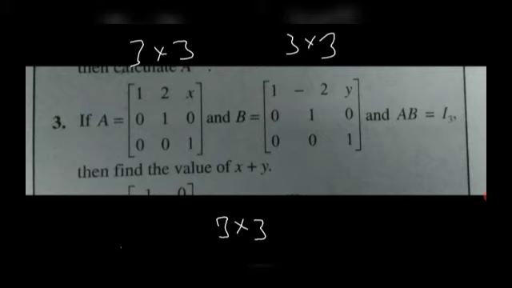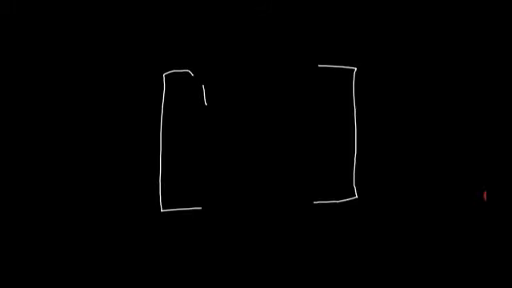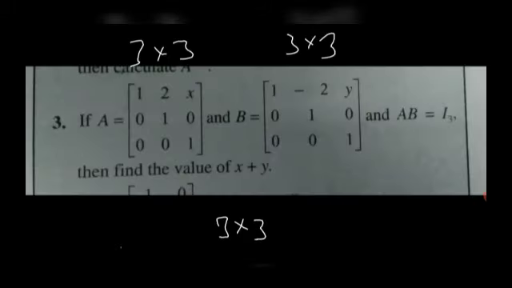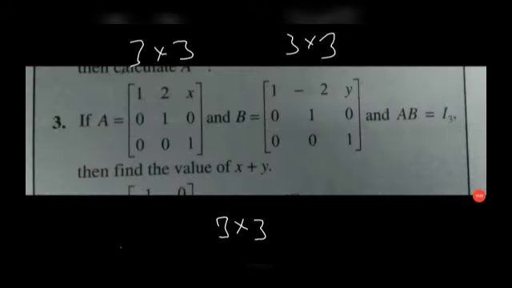Okay, so first one will be 1 into 1 plus 0 0 0. First one will be 1. Now if you see the second row, what will we do? This thing will be minus 1.